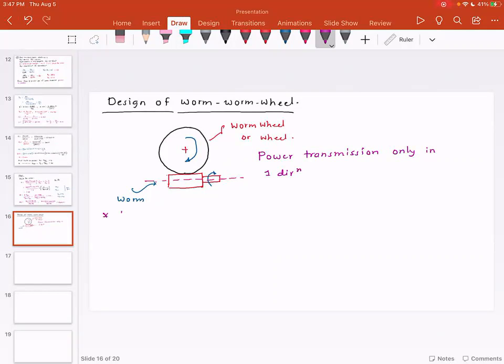So if the worm is rotated, whether it's clockwise or counterclockwise, the worm wheel is rotated.